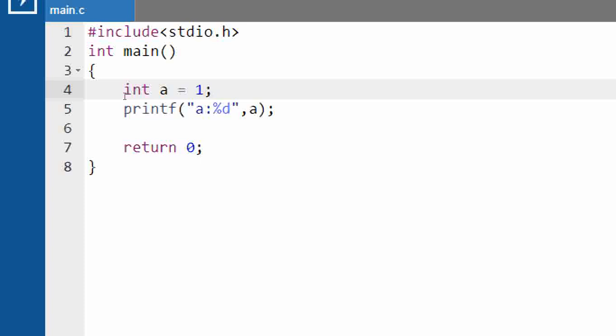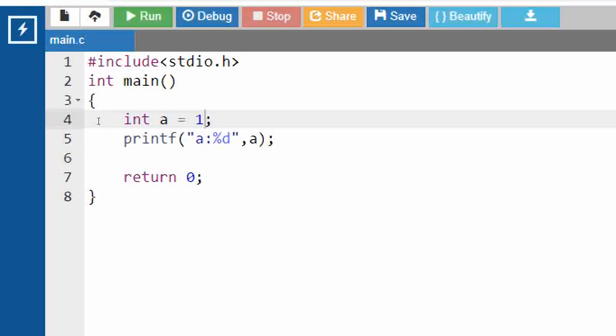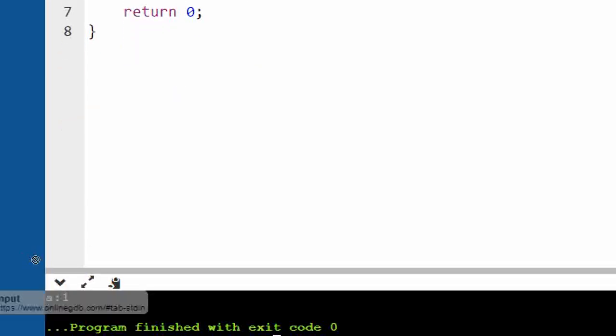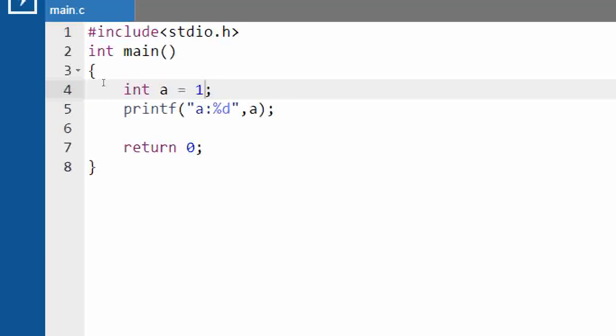If you just print the value of A when you run this program, because A is initialized, the value of A will be 1. Fine, it's okay. But when you want to add some values in A, maybe 2, 3, 5, any number, and you want to put that value back to A.